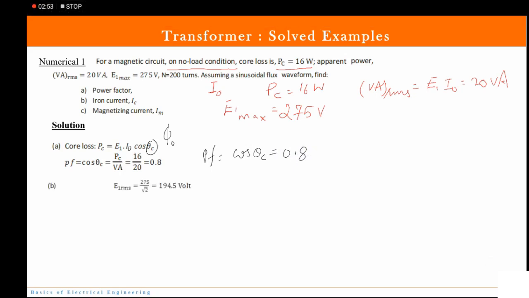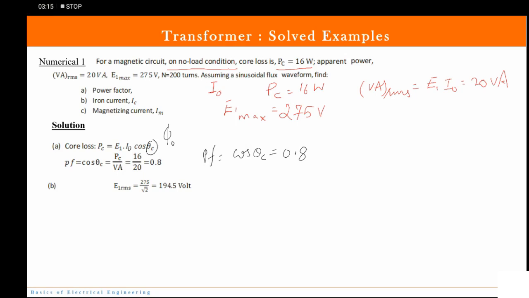Now let us talk about the next thing. Now here we have E1 maximum value given as 275. Now in AC we know that we don't bother about the maximum value. We always talk about the RMS value.